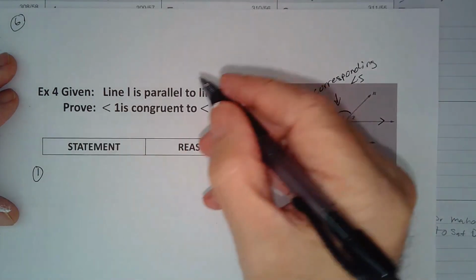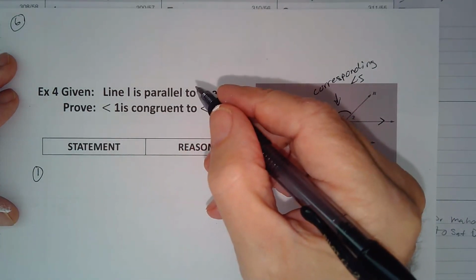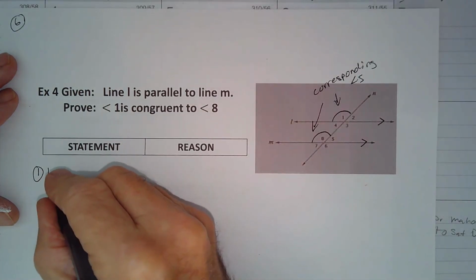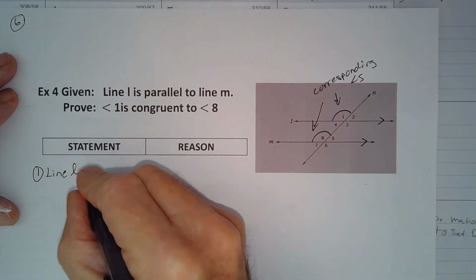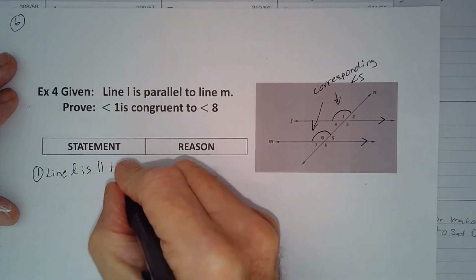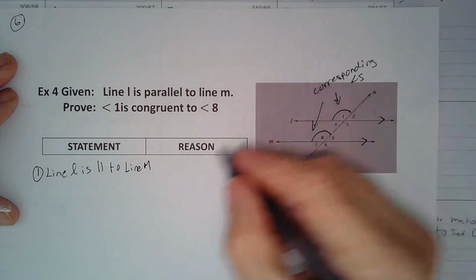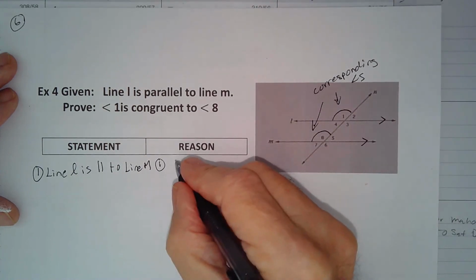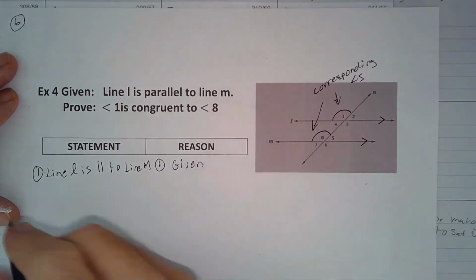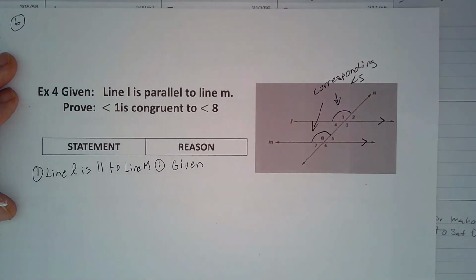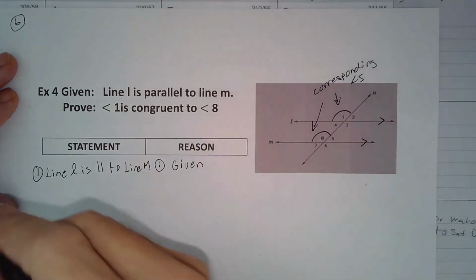So the first thing would have been the given. So line L is parallel to line M. Okay, and the reason was given. And then the second statement was what was proved. Angle 1 is congruent to angle 8.